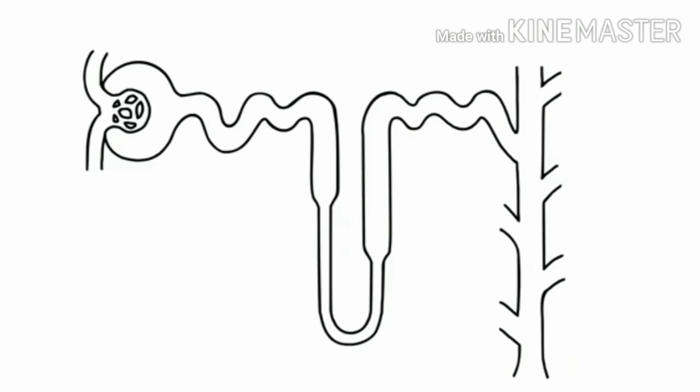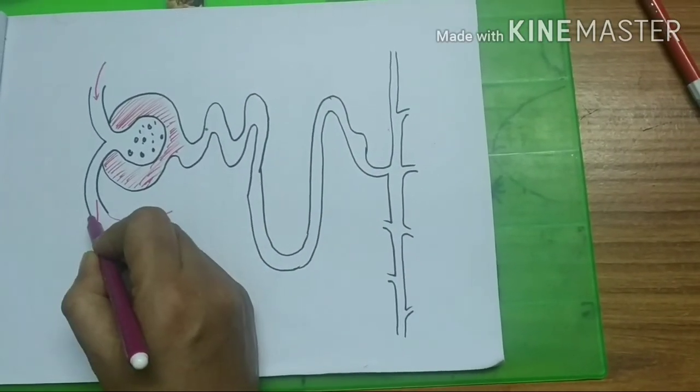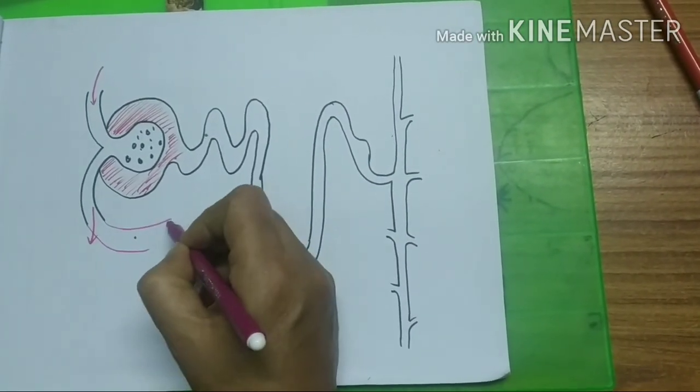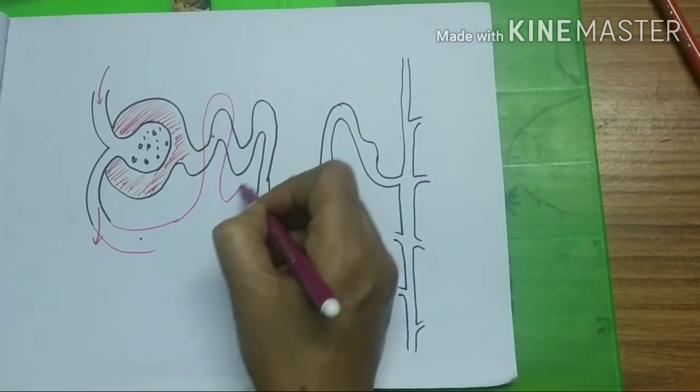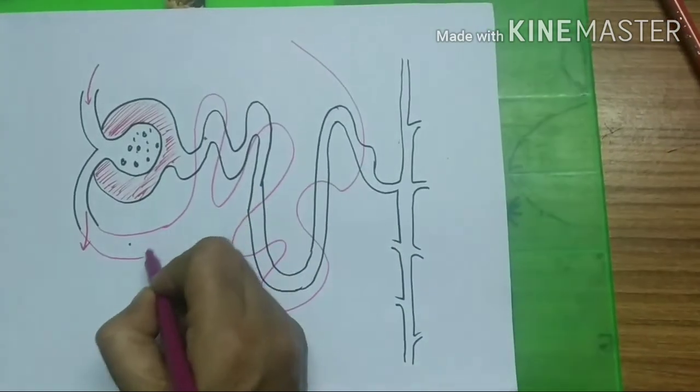Now what happens to the blood which has been cleaned? How does it return to the body and go back to the heart? Let us understand. This efferent arteriole does not end here. See what happens to this efferent arteriole which is carrying blood out of the kidney. It takes away blood after cleaning, loops around this like this, and then goes towards the body.